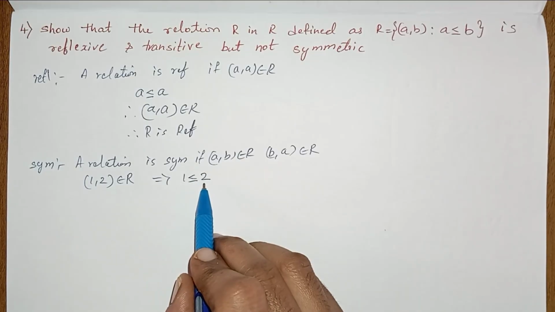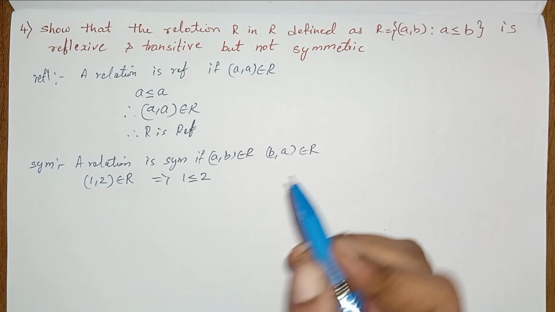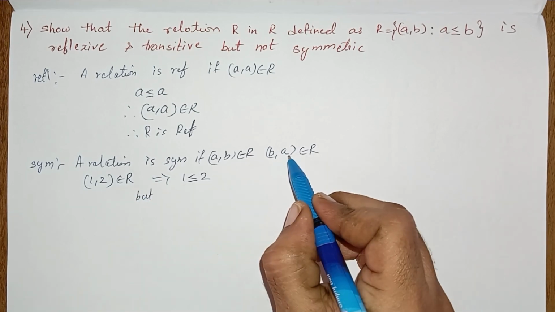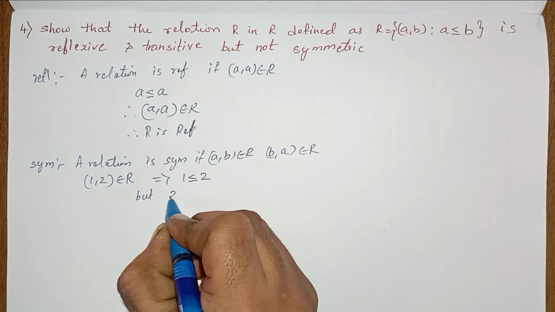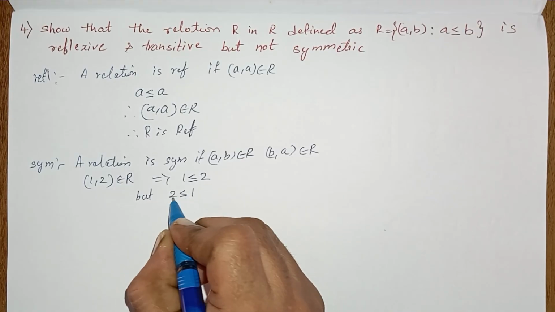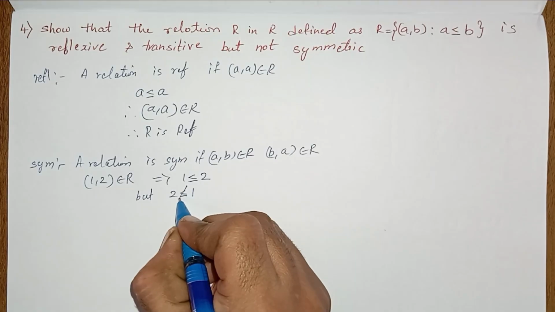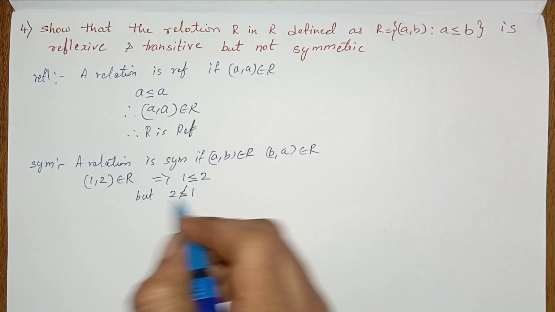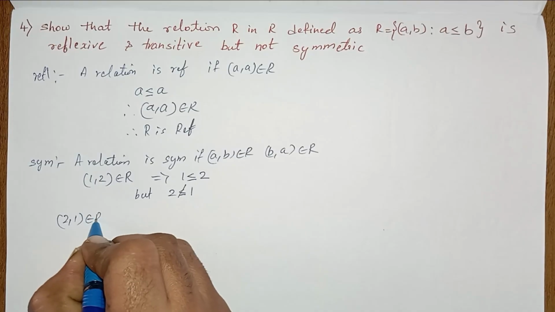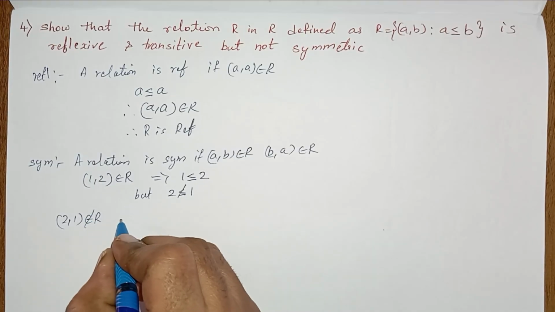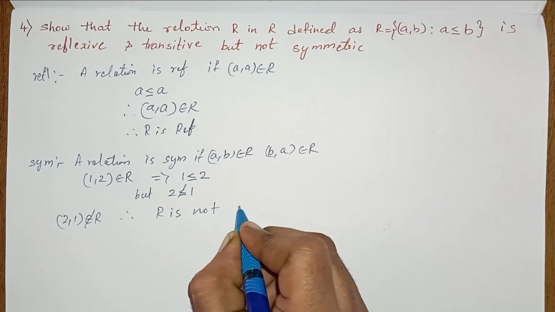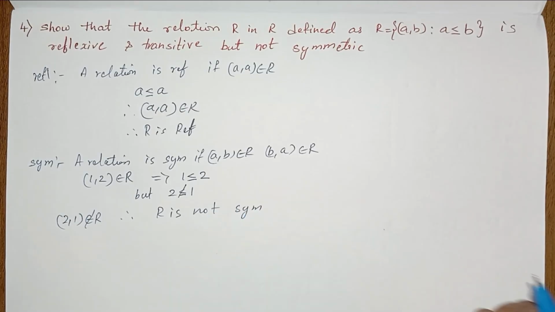Obviously 1 is less than 2, so 1 comma 2 belongs to R. But when we take the reverse, b comma a, that is 2 is less than or equal to 1, it is not possible because 2 is greater than 1. Therefore 2 comma 1 does not belong to R. Therefore R is not symmetric.